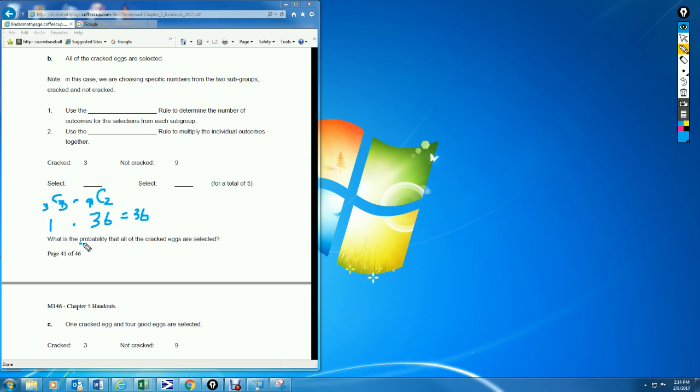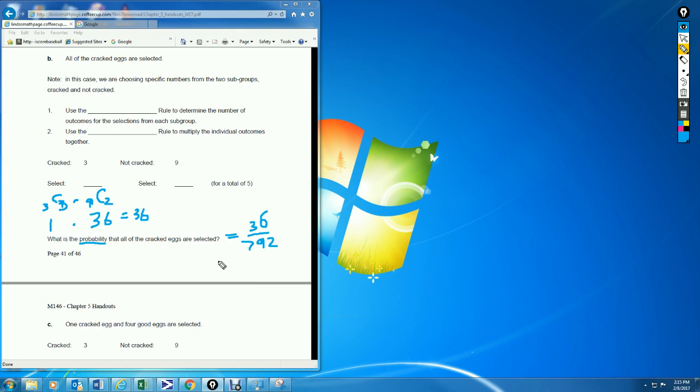So then the probability that all of the cracked eggs are selected, well, we just calculated there's 36 ways to select all the cracked eggs over, and we already previously had calculated there's 792 total ways to select any of the 5 eggs.